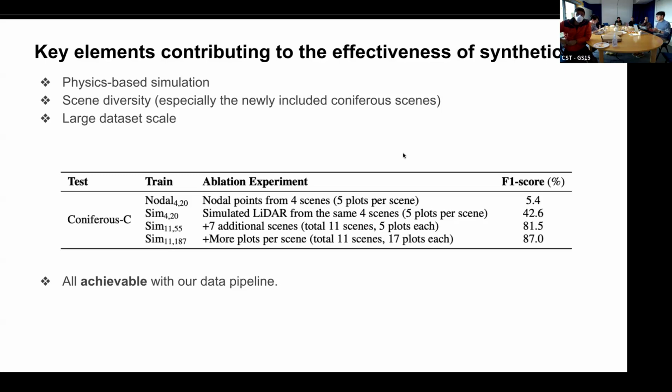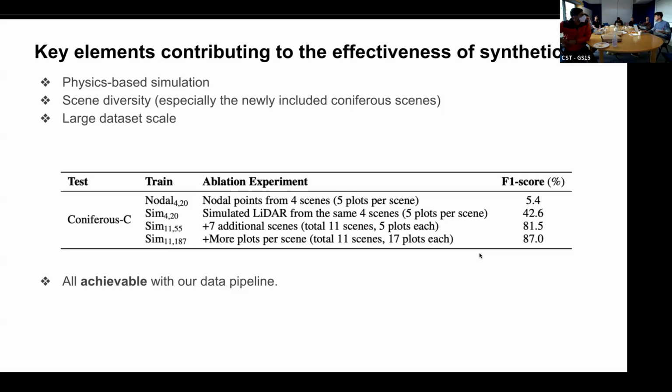I guess this may be because if you do the retracing based way to get these point clouds, the point cloud is much denser, and also it's aligned with the pattern of the UAV laser scanning. And also, when you increase the scene diversity, especially with the newly included coniferous scenes, because the previous data set doesn't have any coniferous scenes, the boost effect is also very significant, increasing from 42.6 to 81.5.